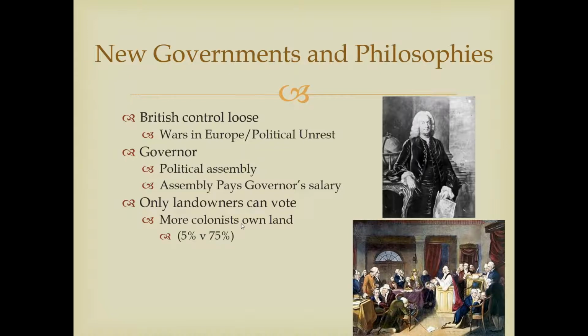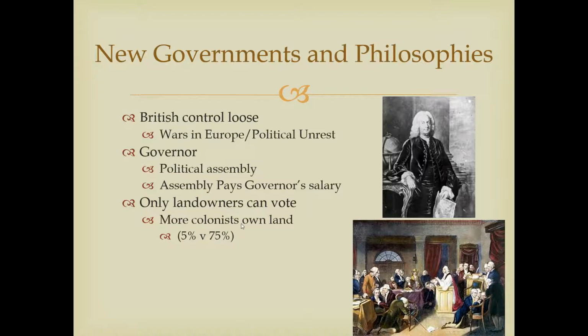And it's a stark difference. In England, you only had about 5% of the population, the white males, owning land, whereas in the colonies, 75% of the eligible colonists did own land, and that means that they could vote. So you have a broader voting base, and so you have to make people happy.